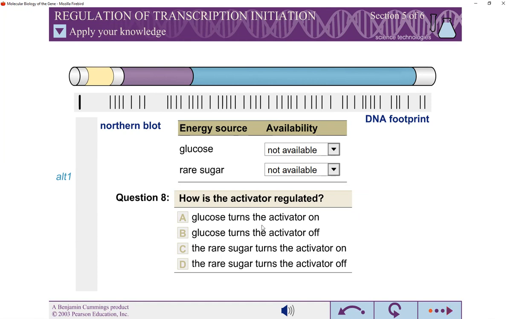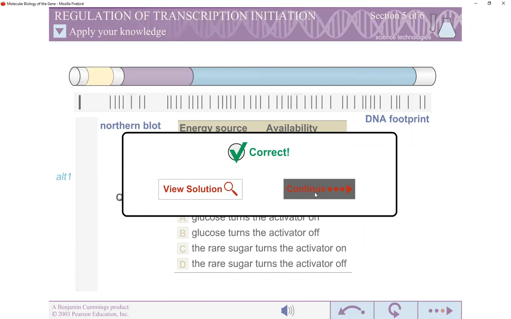Glucose is going to turn the activator off. In the absence of the glucose molecule, the activator is going to be turned on, and then the process of transcription is going to take place. Correct.